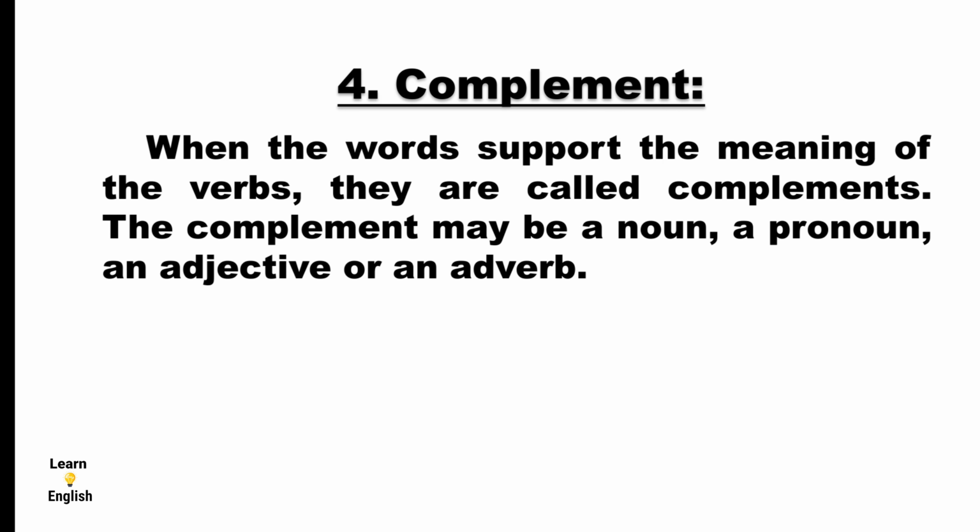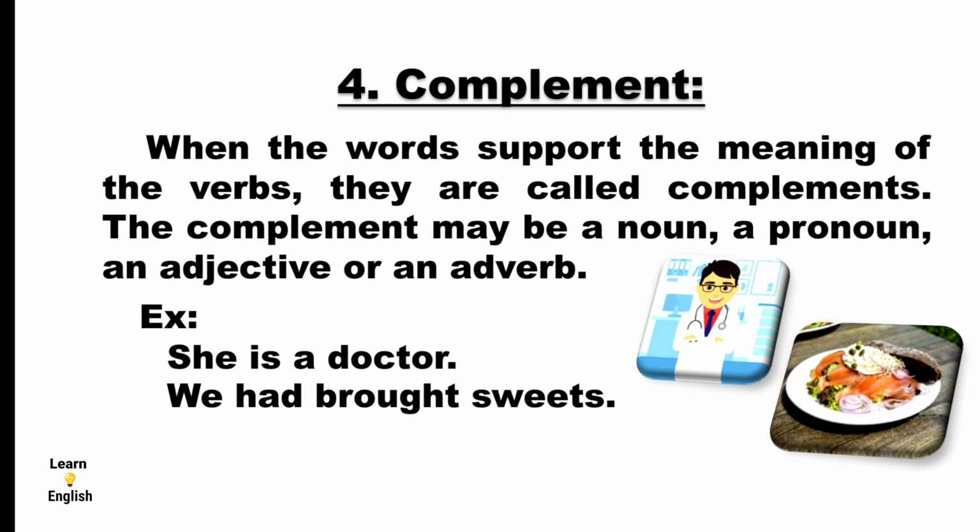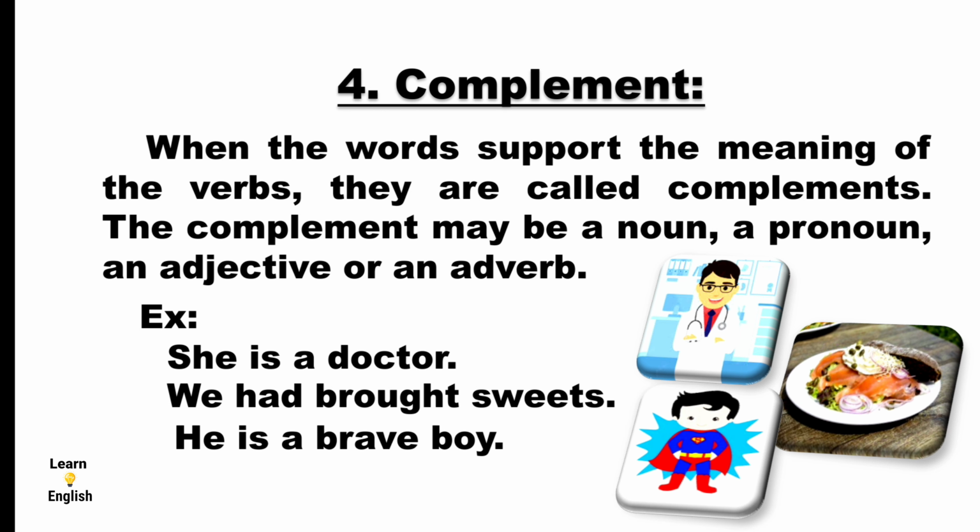Fourth one, complement. When words support the meaning of the verbs, they are called complements. The complement may be a noun, a pronoun, an adjective, or an adverb. For example, she is a doctor. We had brought sweets. He is a brave boy.